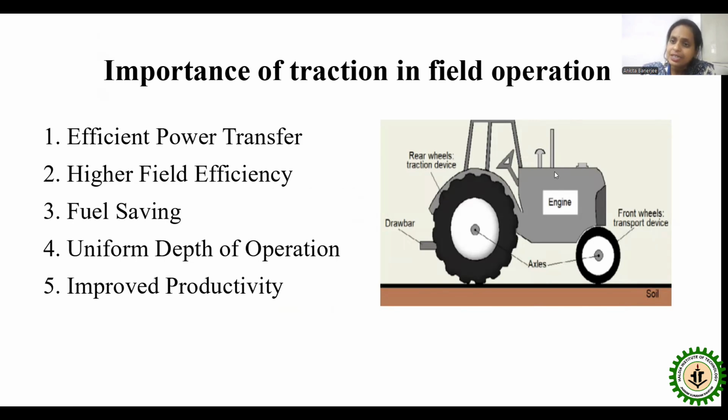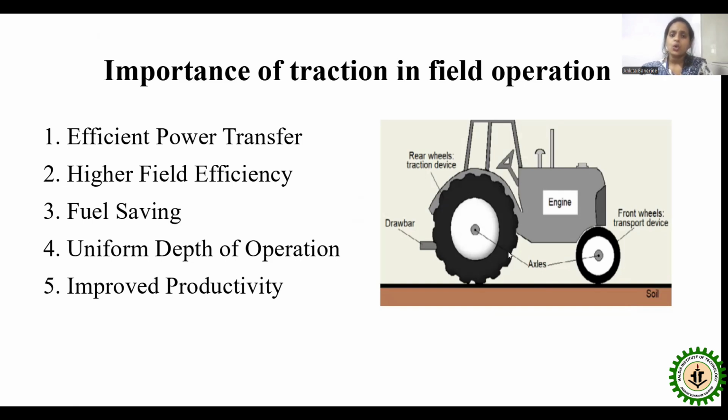Power is generated in the engine and, through the transmission system of the tractor, through the gearbox, gear chain and other transmission units, the engine power is transmitted to the axles and then to the wheels. Basically, this is the rear axle and this is the front axle. These axles are rotating the ground wheels.